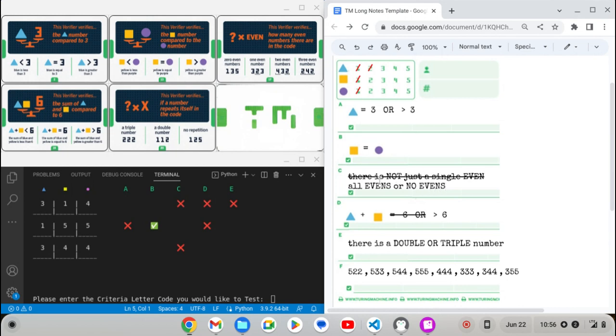Is that correct? I've eliminated the possibility where there is just a single and a double. So they're either all or none. Okay, so let me get rid of all the double evens. That would include 522, that would get rid of 544, and that would get rid of 344.